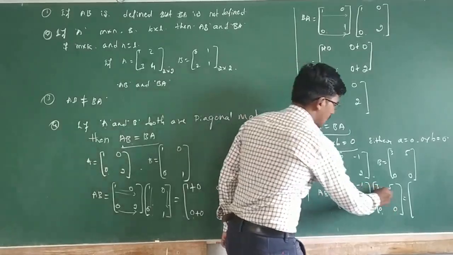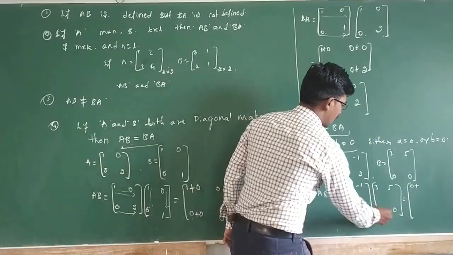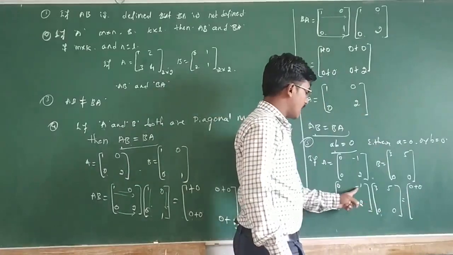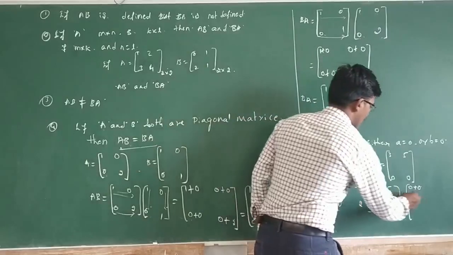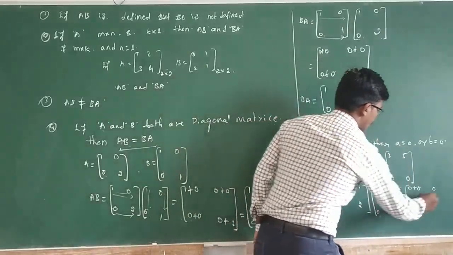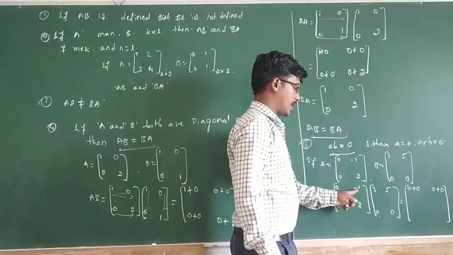0 into 3 is 0 plus minus 1 into 0 is 0. First column complete. Next same row, multiply by the next column. 0 into 5 it is 0. Minus 1 into 0 it is 0. First row completed.